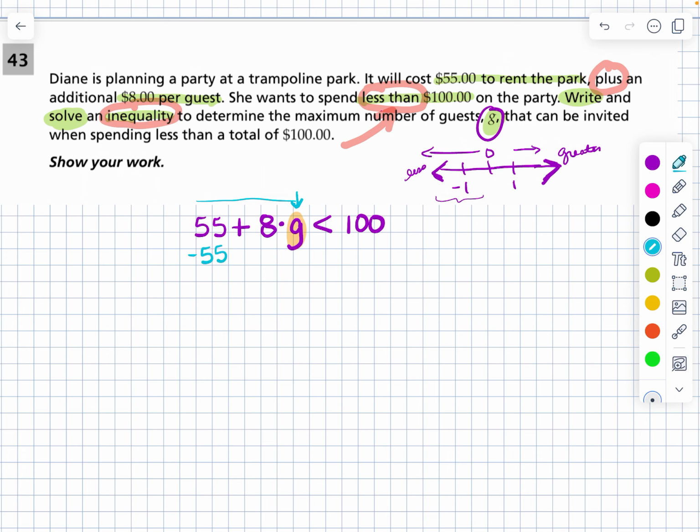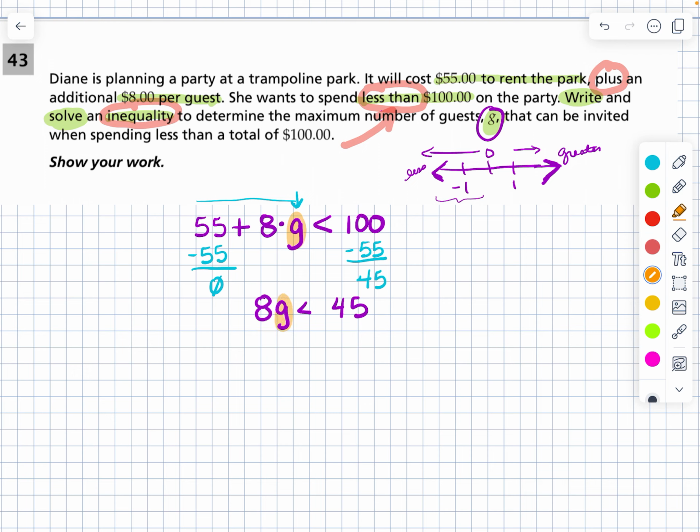So we're going to subtract 55 on this side, which means we have to subtract 55 on this side. 55 minus 55 is 0, and 100 minus 55 is 45. Now we're going to rewrite this equation. We're going to have 8G is less than 45. We're getting closer.